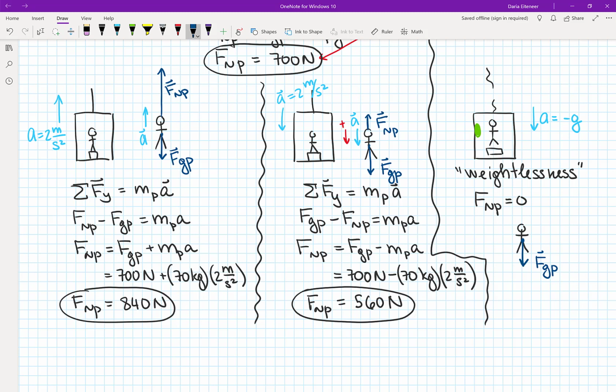Weightlessness is kind of a misnomer. It's the idea that there is no apparent weight. There is no support. There is no contact between the person and the scale. So it looks like the person is floating, but really that person is just accelerating at the same rate as everything else.